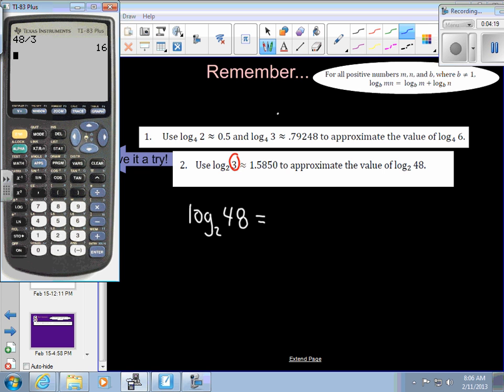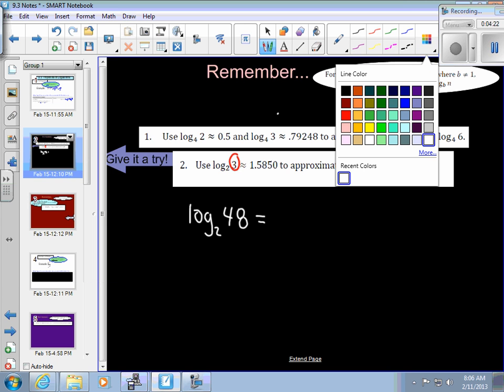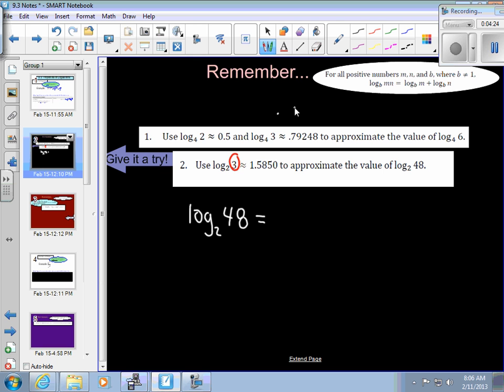So another way to write 48 is 3 times 16. Now the log property says if we're multiplying here, log base 2 of 48 is the same as log base 2 of 3 plus log base 2 of 16.